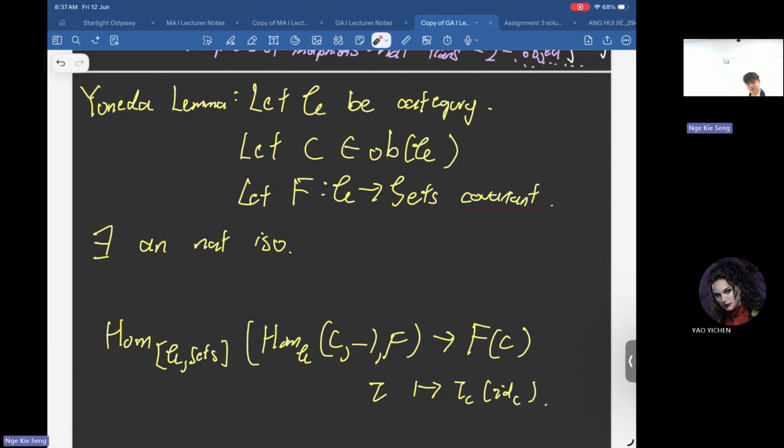So what does the natural transformation do? You need to tell me. A natural transformation is a map between functors, right? So where's the functor here?